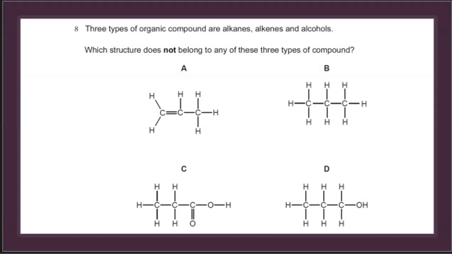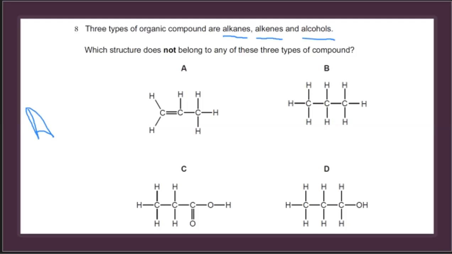Which of these structures is not an alkane, not an alkene, or not an alcohol? All right, so one person says A. Any other answers? All right, so let's see what the answer is.